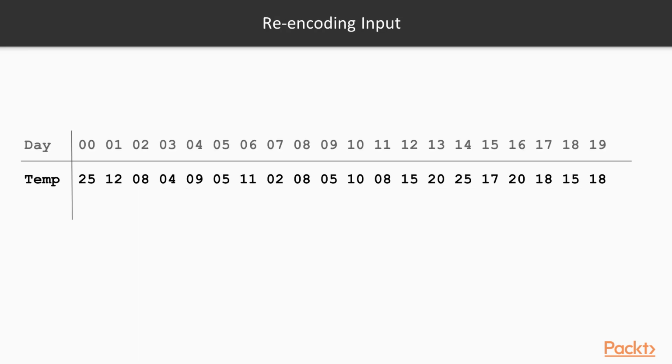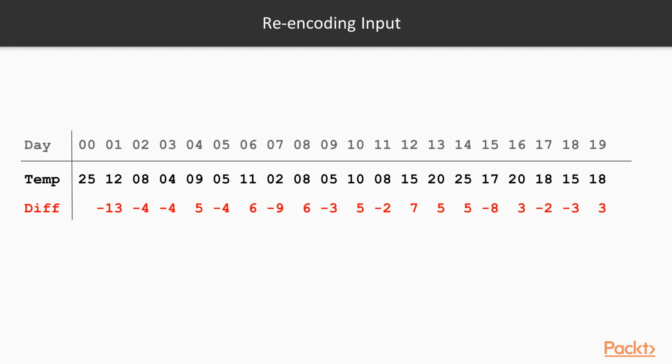The problem becomes a bit simpler if we re-encode our sample data from temperature to differences. Say we have the following sample data. We can compute the difference in temperature for every day. Rises in temperature result in a positive difference, while falls in temperature give negative ones.